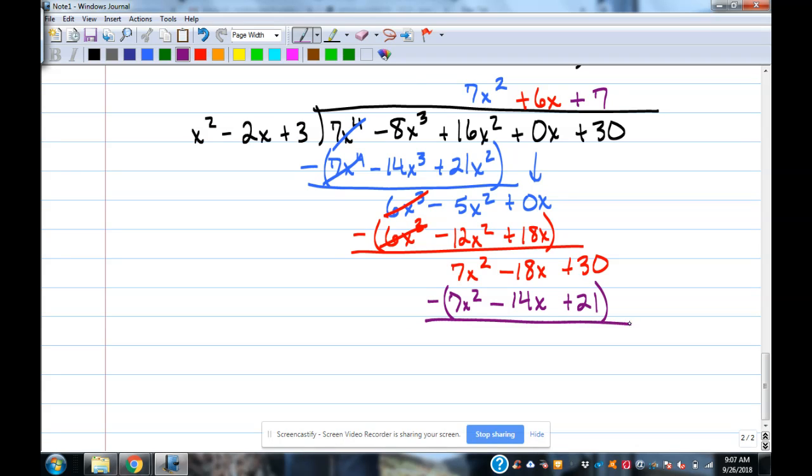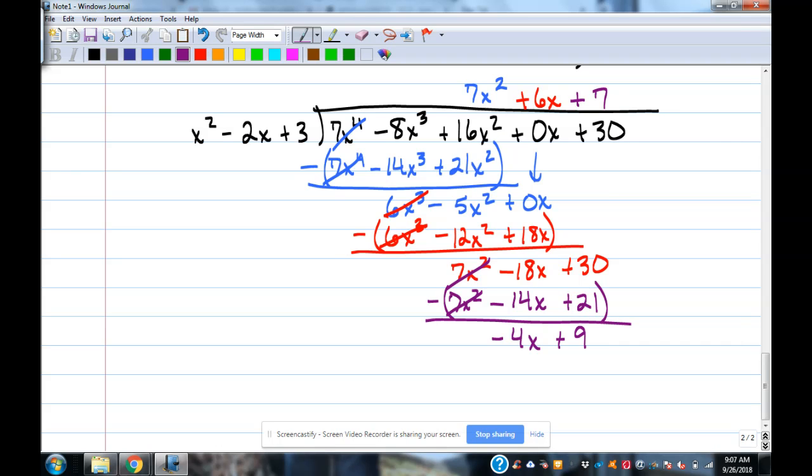Parentheses and subtract. X squareds go away. Negative 18 minus negative 14. Negative 4x. 30 minus 21. Plus 9.